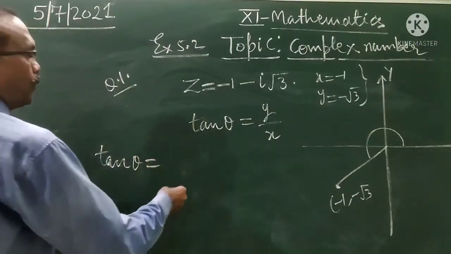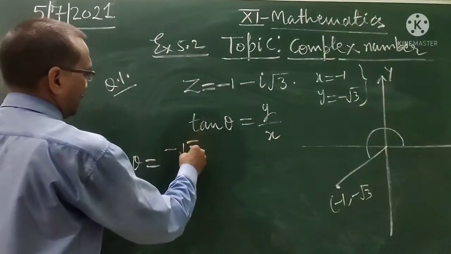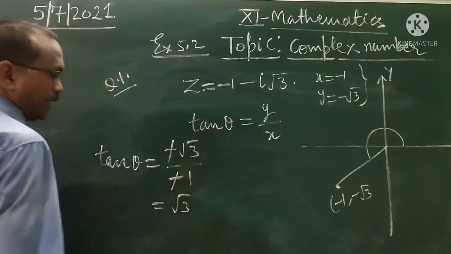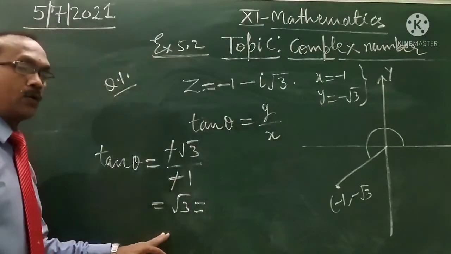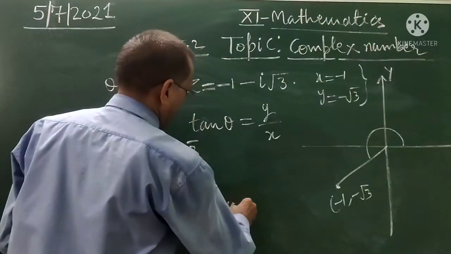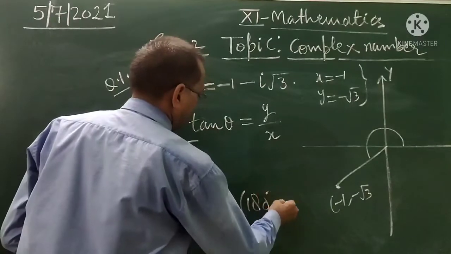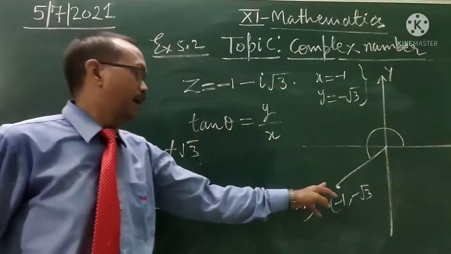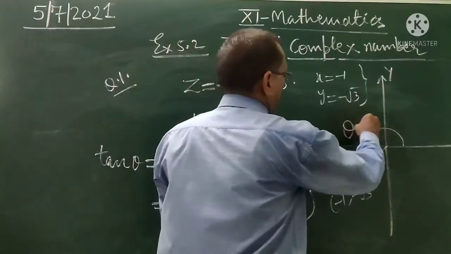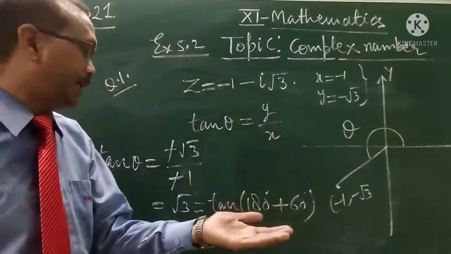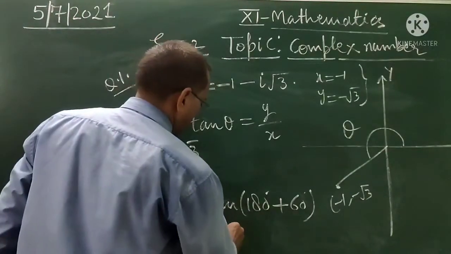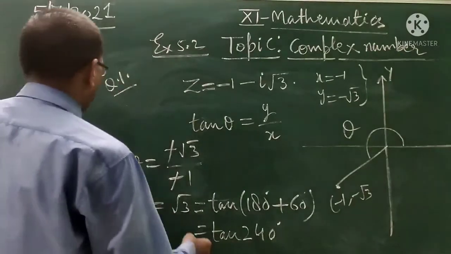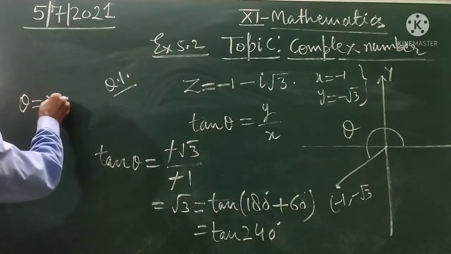equal to minus root 3 upon minus 1, cancel, root 3. Dear student, the value of root 3 is tan of 180 plus 60. Since here the angle lies in the third quadrant, it is more than 180, and it is tan of 240 degrees. So here theta equal to 240 degrees.